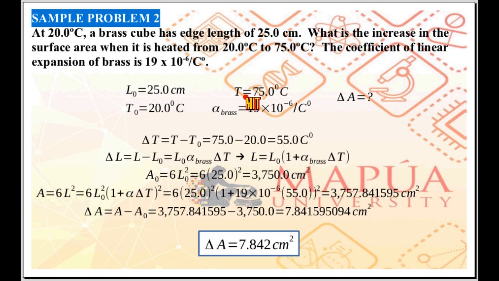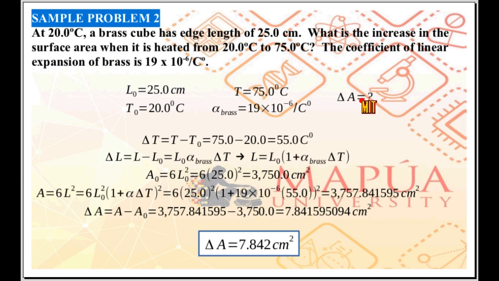Final temperature T is 75 degrees Celsius. And the coefficient of linear expansion of brass, alpha brass, is 19 times 10 to the negative 6 per Celsius degree. We are being asked for the increase in the surface area, so change in surface area, delta A, we are looking for.